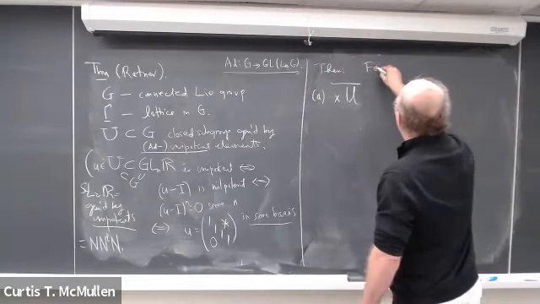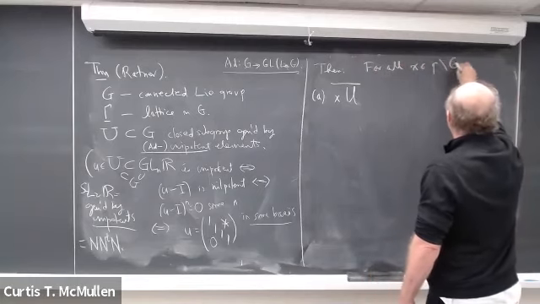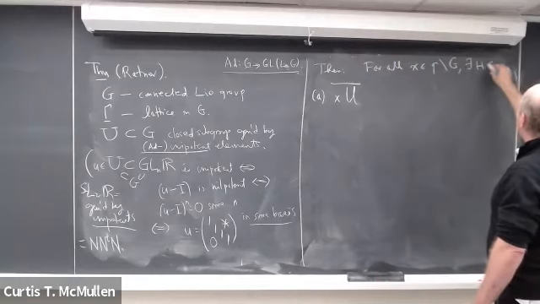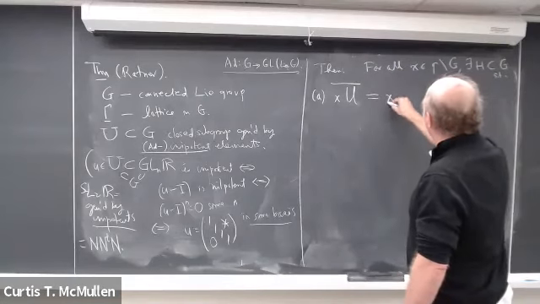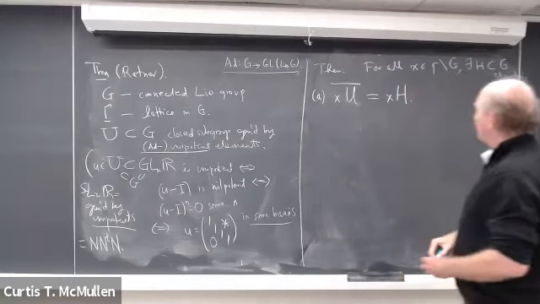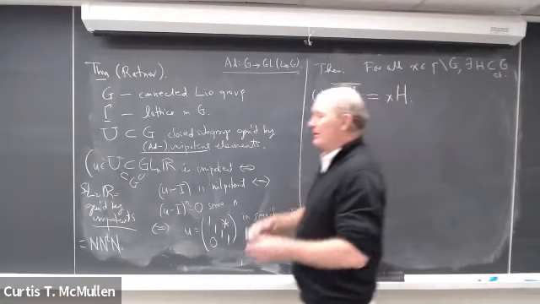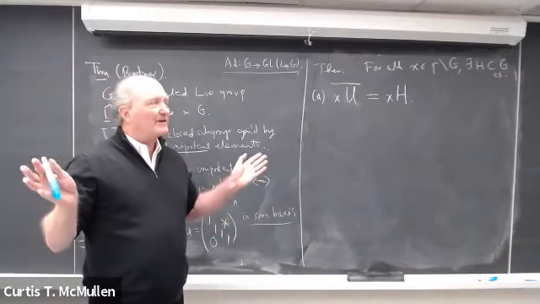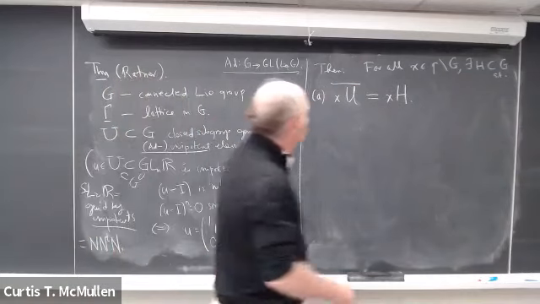So for all X in gamma mod G, there exists a closed subgroup H contained in G such that the closure of this orbit is equal to the orbit under H. In other words, when you apply this unipotent group to X and then take the closure, you just get the orbit of X under a bigger group. And that orbit is already closed.